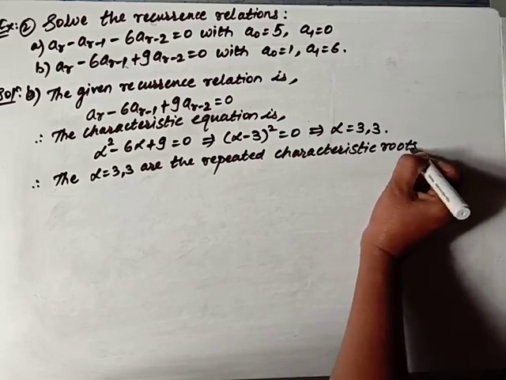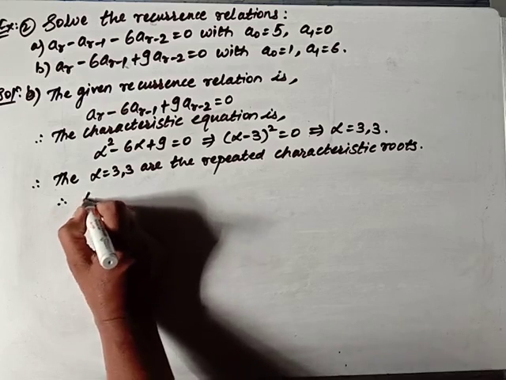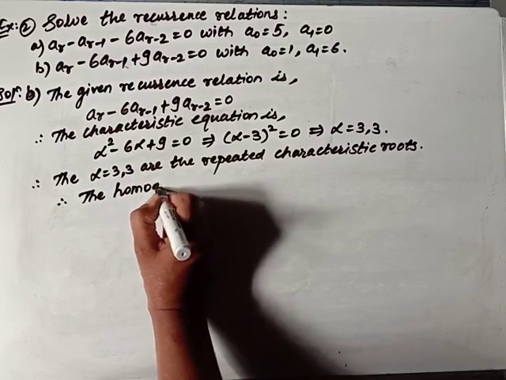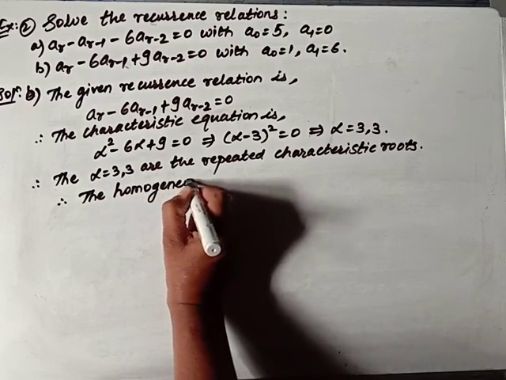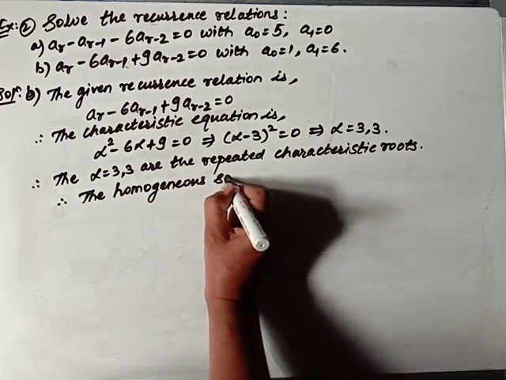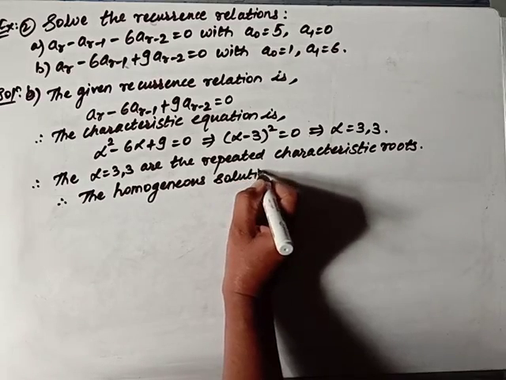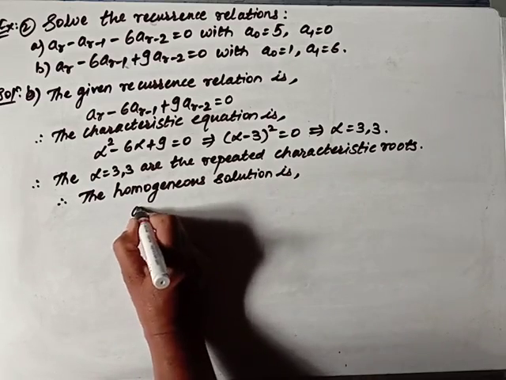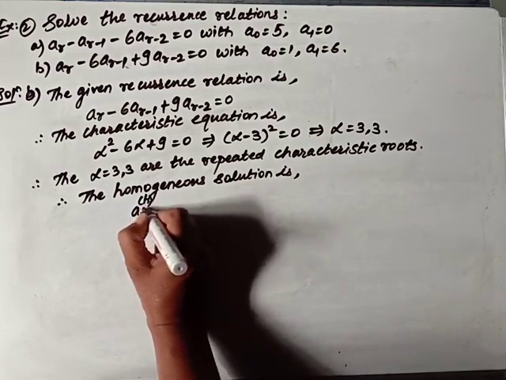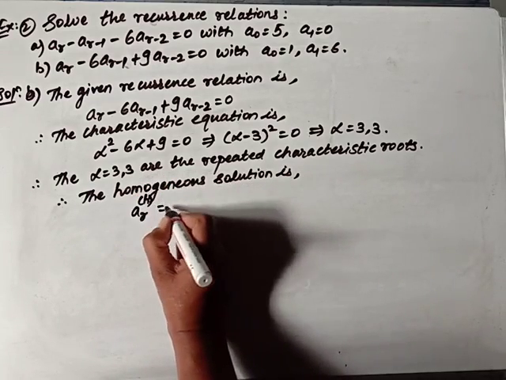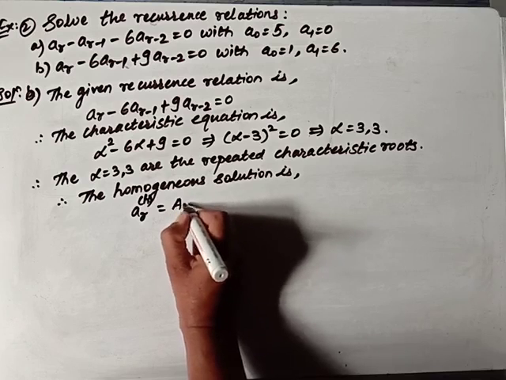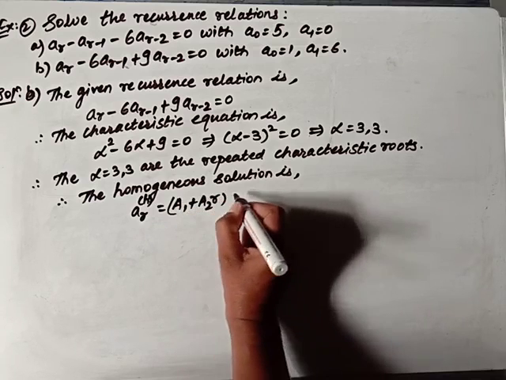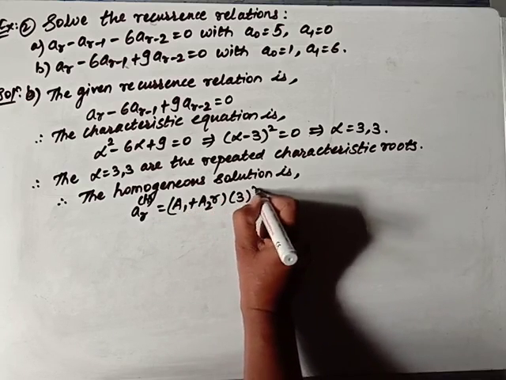Therefore, the homogeneous solution is a_r^h. Now since the root repeats twice, a_r^h is equal to (A1 plus A2 r) into 3 raised to r.